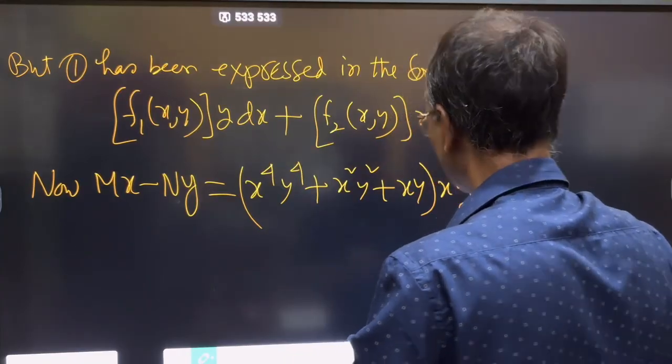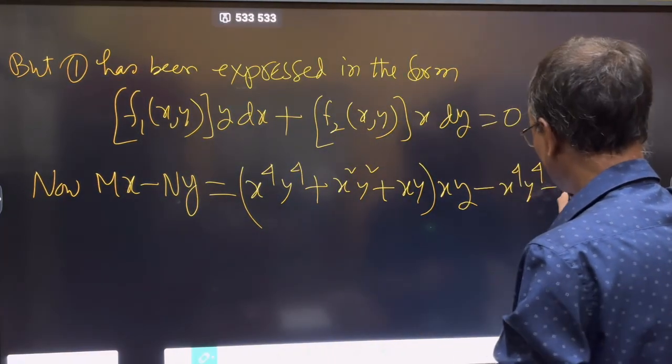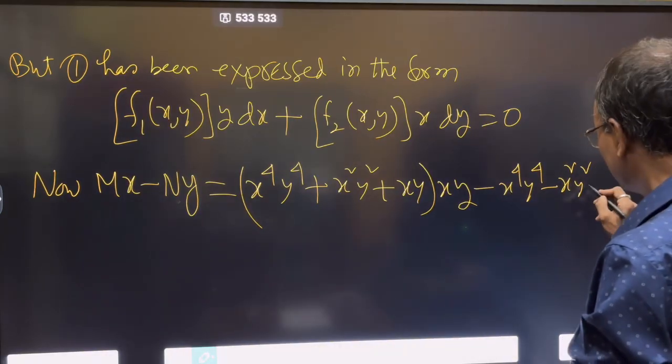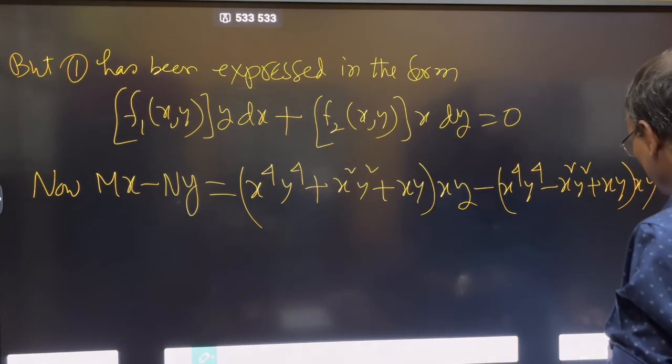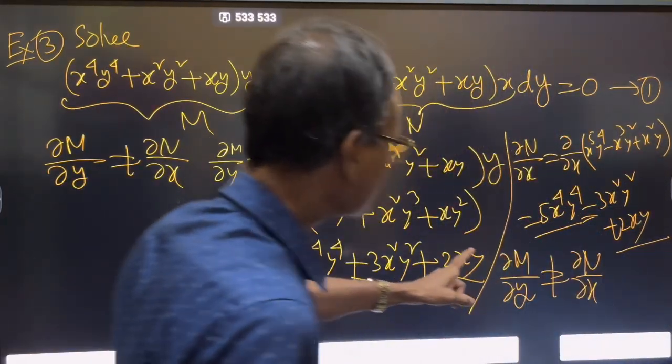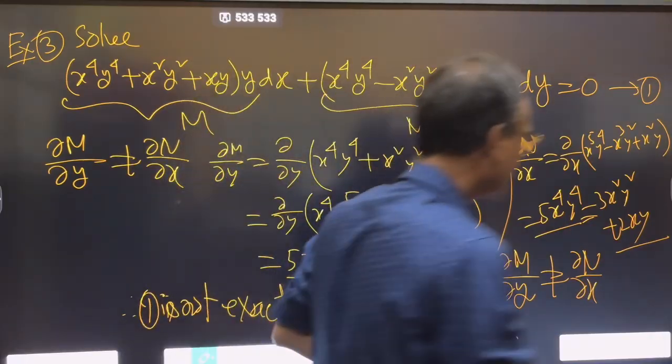It will be this minus N, which is x to the power 4 y to the power 4 minus x square y square plus xy, into xy. This is minus only into xy.